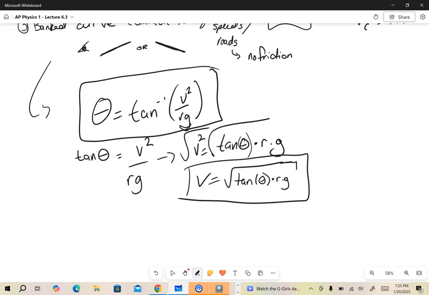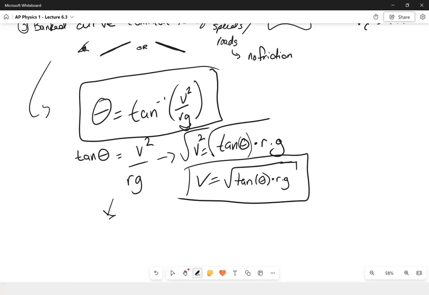So here's one rearrangement of the banked curve formula. Here's the one that actually solves for theta, and one that solves for v. Again, could you rearrange to solve for r? Probably. These are the three quantities in here for you to solve: theta, v, and r. So I'm going to actually rearrange for r as well.